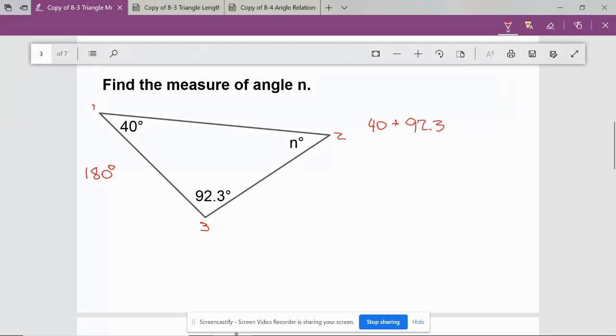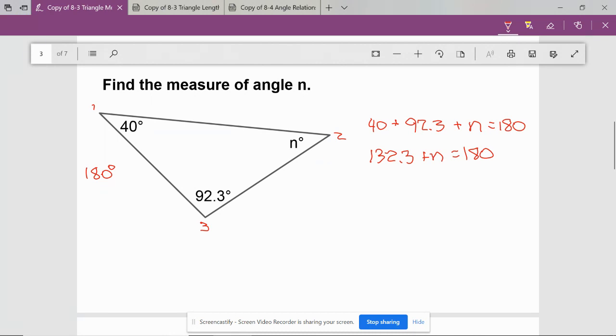And then we're going to get plus n, that's our missing angle, and we know that has to equal 180. So hopefully we all understand that 40 plus 92.3 is going to be 132.3 plus n equals 180. So this is basically just solving equations much like we did way back in November, probably before Thanksgiving actually. So hopefully some of you remember this.